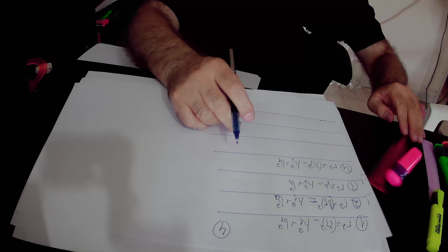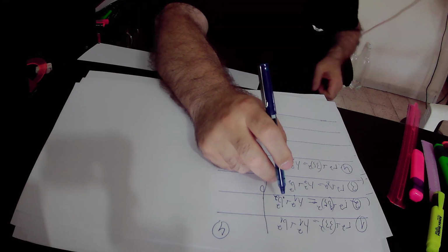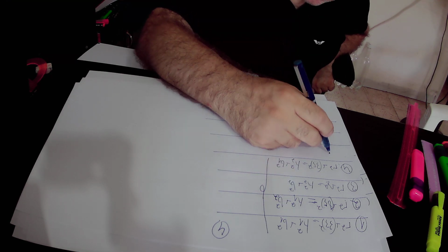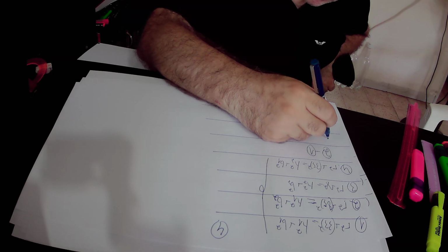In the next step, we subtract equation number 1 from equation number 2. This way we create equation number 5.